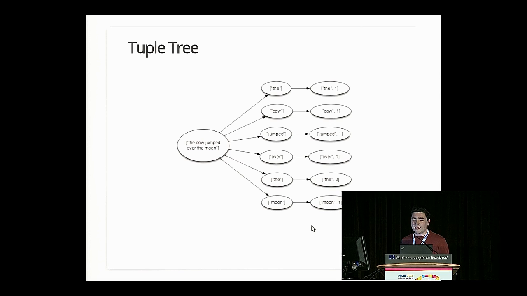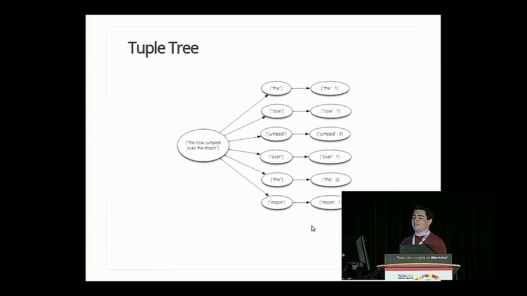The other thing that's kind of cool is Storm has a bunch of internals that make it work really well for processing large streams of data. One notion in Storm is called the Tuple Tree. If you start with a sentence, for example, like the cow jumped over the moon, and you have a bolt that tokenizes that sentence and turns it into words and emits those, it'll keep track of the ancestry of that data.